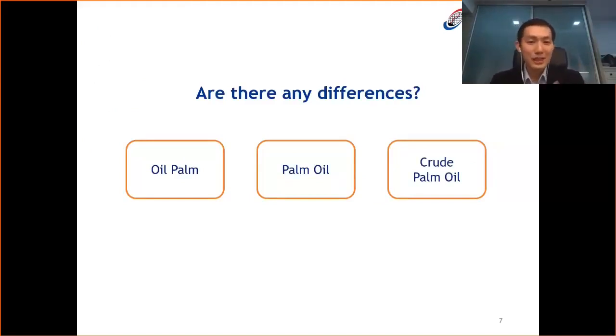Sometimes you may hear people talking about oil palm, sometimes palm oil, while at other times you may hear people speaking about crude palm oil or CPO. Are they actually the same thing or a different thing? Do you know what the differences are or not? So my question to you is, are they the same or not?